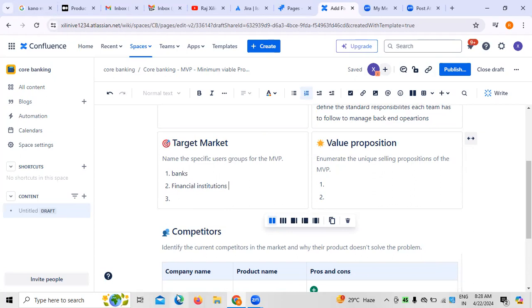Next, what kind of value proposition are you going to provide? What unique selling proposition are we going to provide?